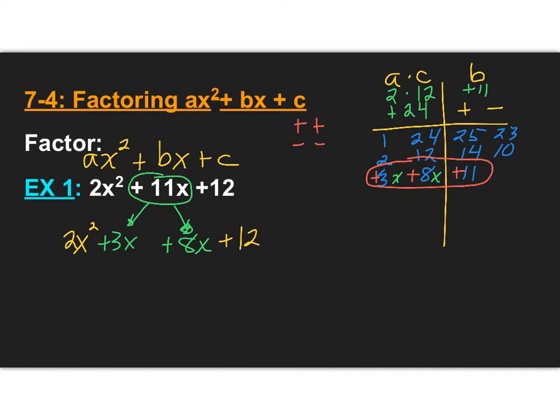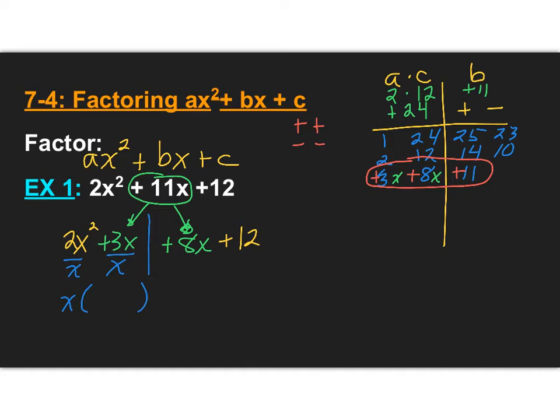So we're going to divide this into 2 pieces. The greatest common factor between 2 and 3 is 1, because they don't have anything else in common. And then the greatest common factor in x's, they have 1x in common. So I'm going to divide by an x. What I divide by comes out in front of parentheses. And then our answer is going to go inside.